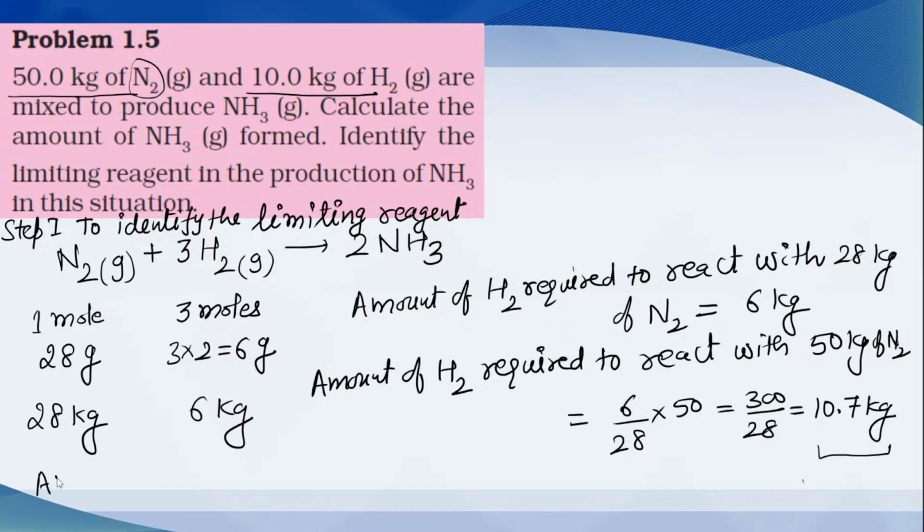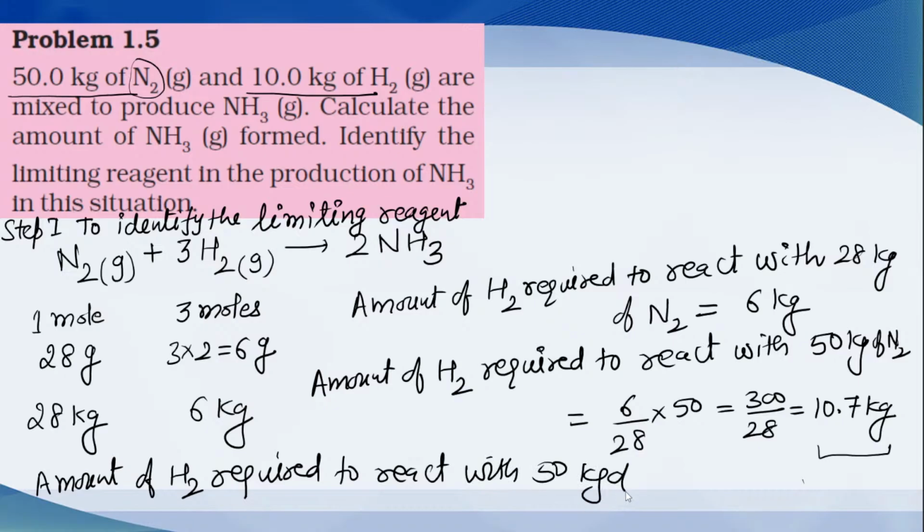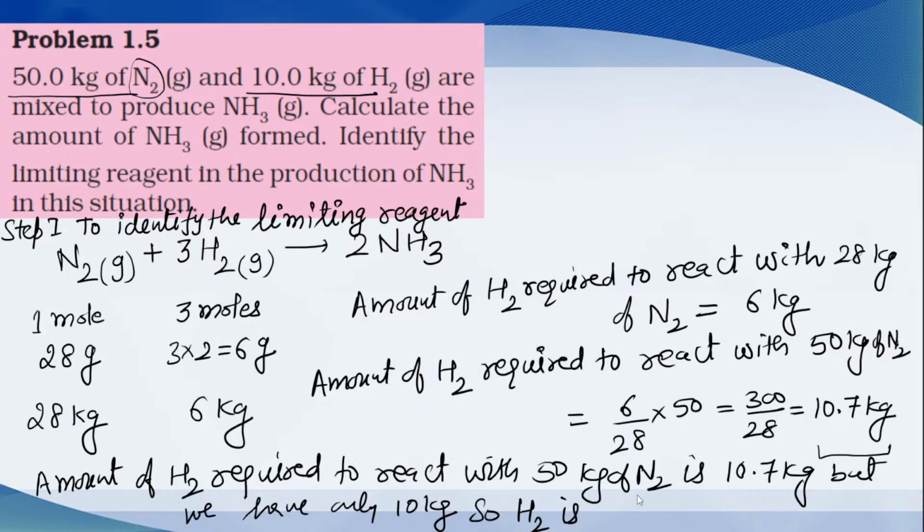The amount of hydrogen required to react with 50 kg of nitrogen is 10.7 kg, but we have only 10 kg, so H2 is the limiting reagent.